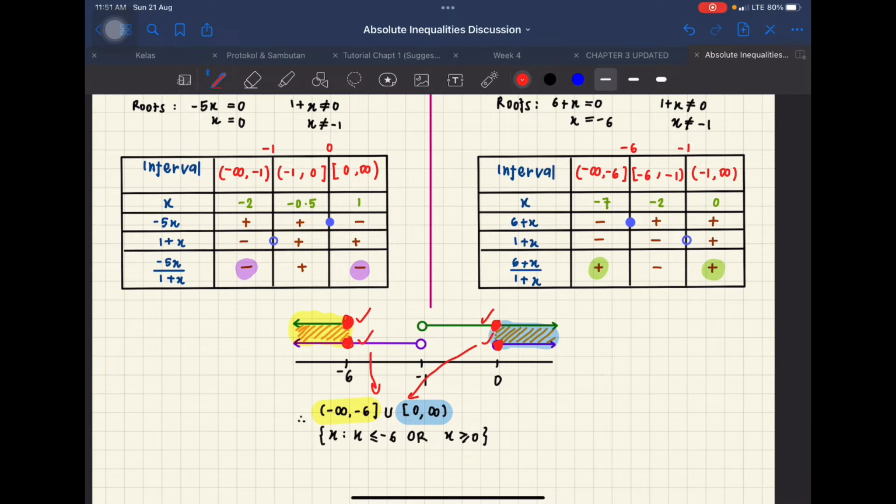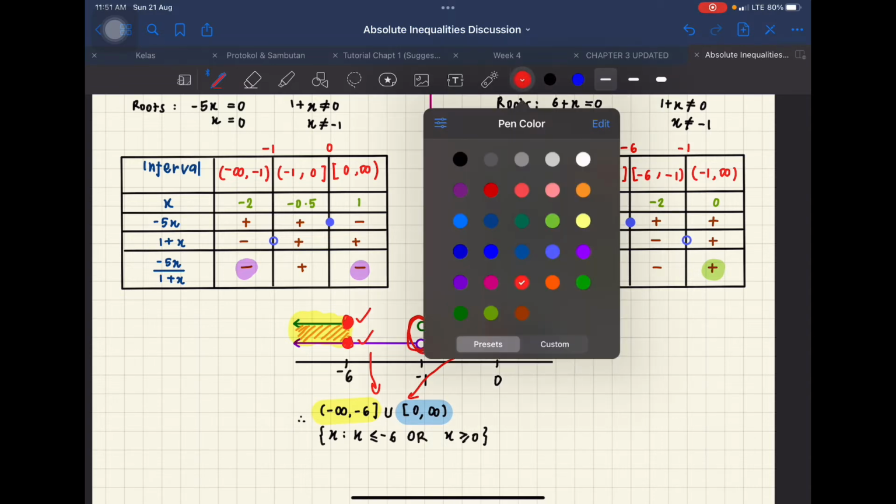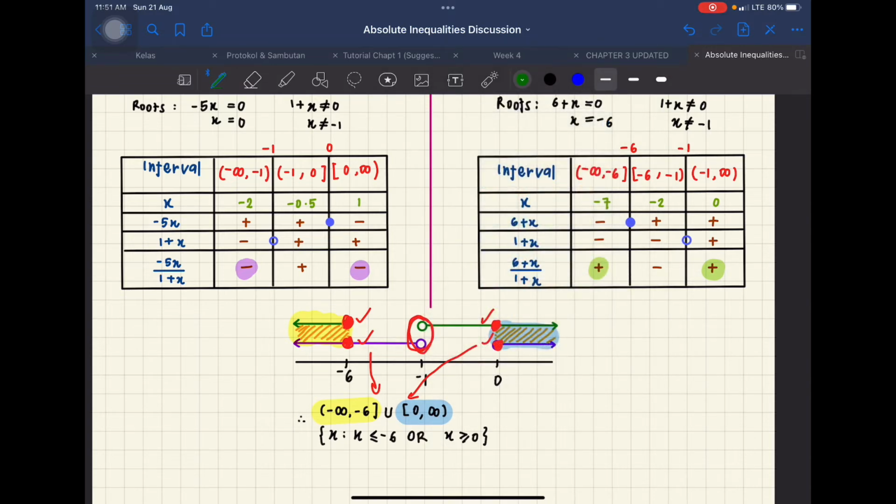Settle. Okay. So, kenapa yang ini kita tak ambil? Memang dia bertembung. Tapi bertembung hanya pada number line kat situ je. So, the empty circle maksudnya negatif 1 tu tak sampai pun. Dia tak menyentuh pun. Okay. So, untuk yang line warna hijau tu, maybe dia stop dekat negatif 0.999999 bla bla bla bla.